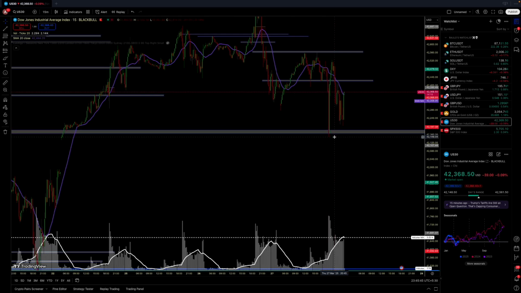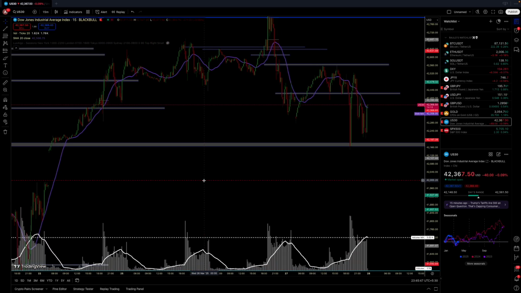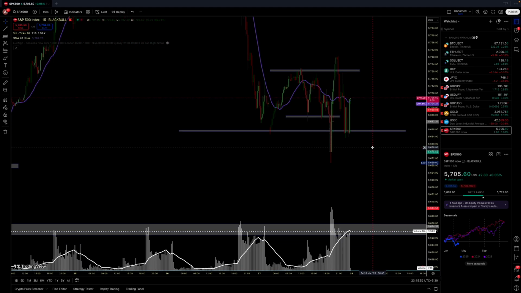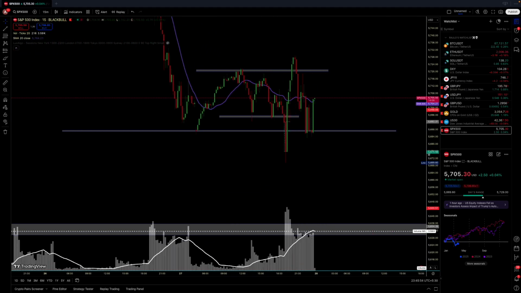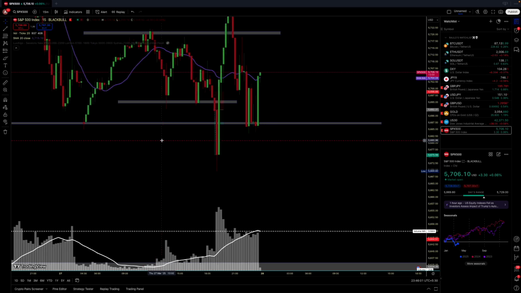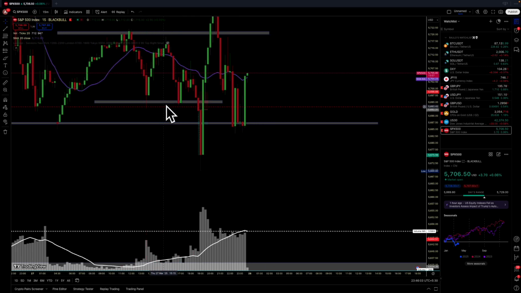So this is the reason why I didn't take a trade in US30. The reason behind taking a trade in S&P 500 was that we had a support over here, no problem, but I was looking for a break and candle close below this support, and we actually got that with this 6:45 candle.